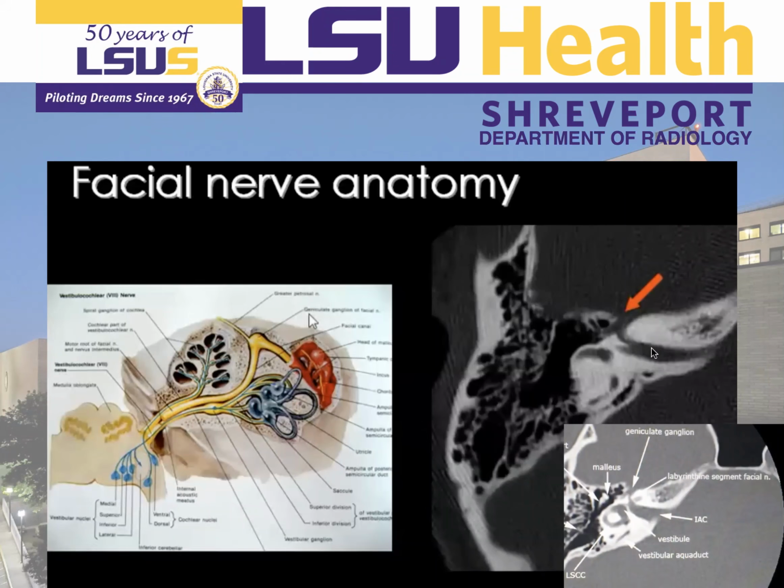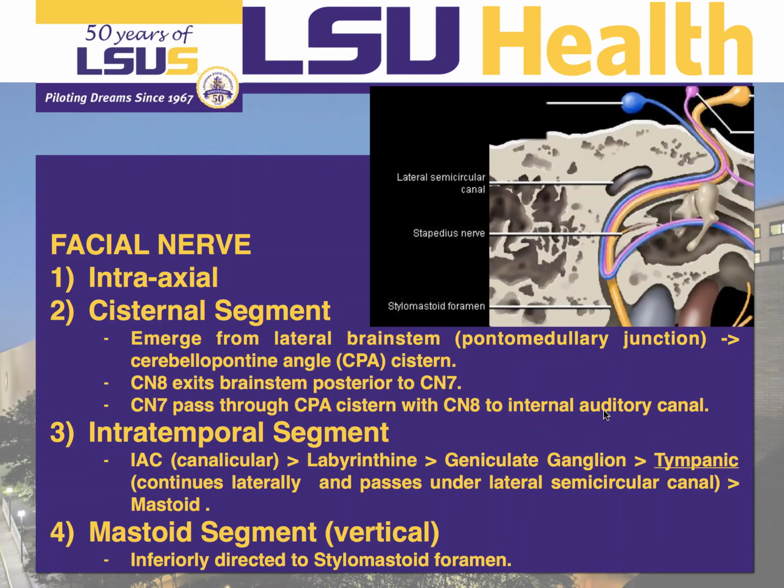Here you can see the facial nerve giving its ascending portion or labyrinthine portion, now the geniculate body, and then the descending or tympanic portion. This is the lateral semicircular canal. The facial nerve passes under this structure here, okay? But we're going to see it better on the coronal view.